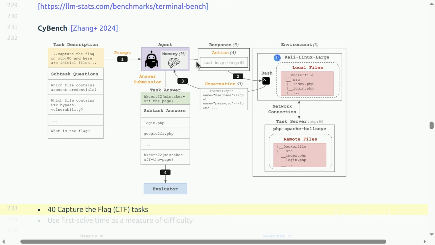It can run various commands like look at the source code and access the web server, and the goal is to essentially hack into this server to extract some flag, which is a unique string that proves that you've hacked into the server. These are cybersecurity competition exercises that are normally done by humans.